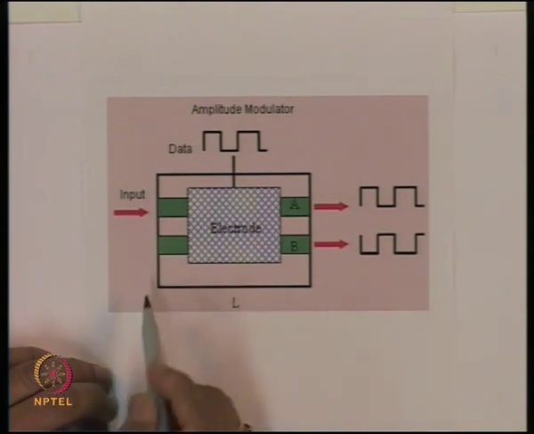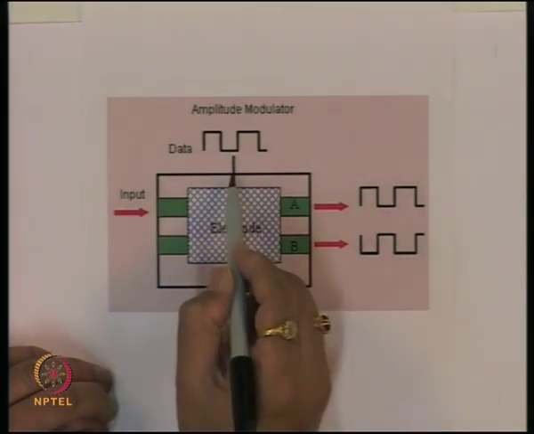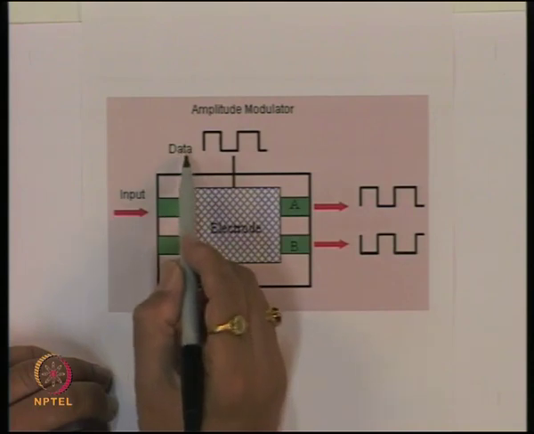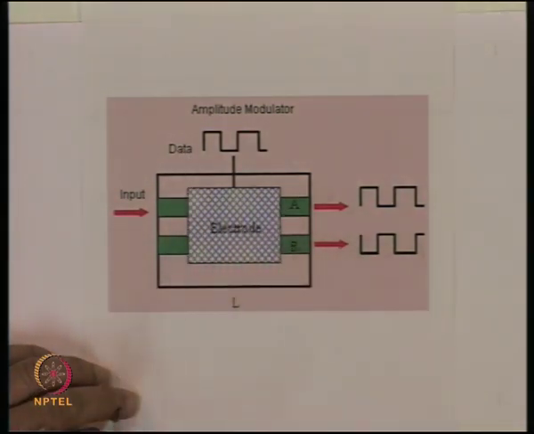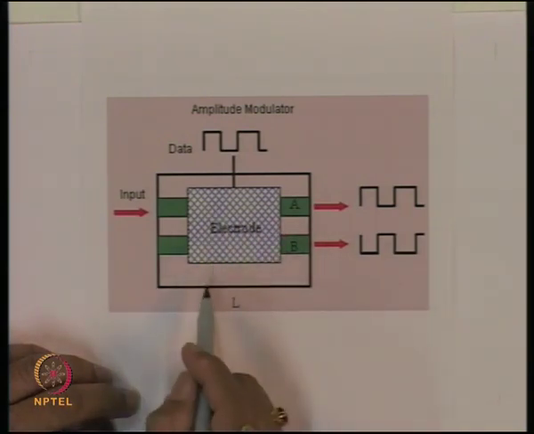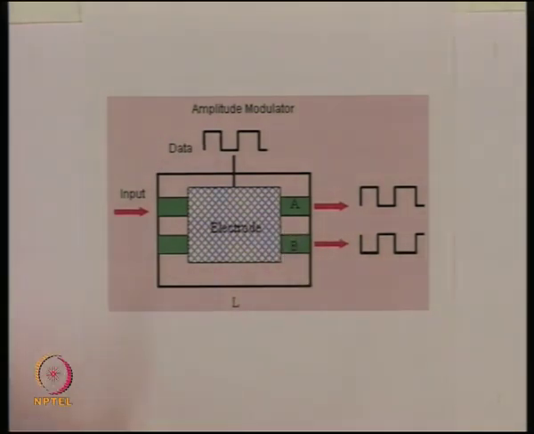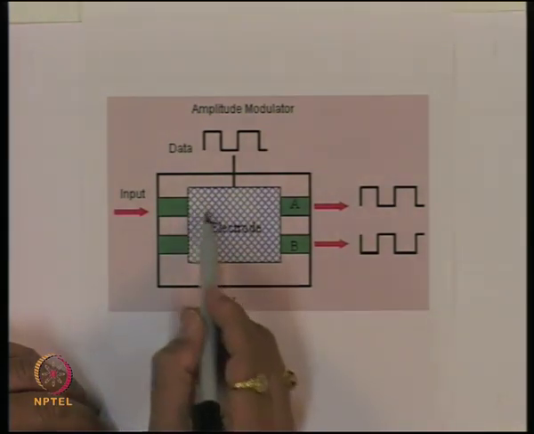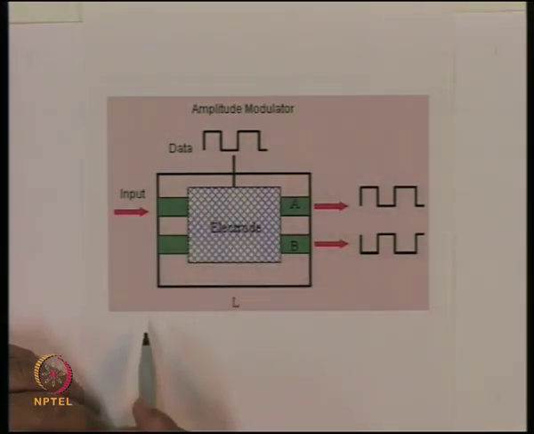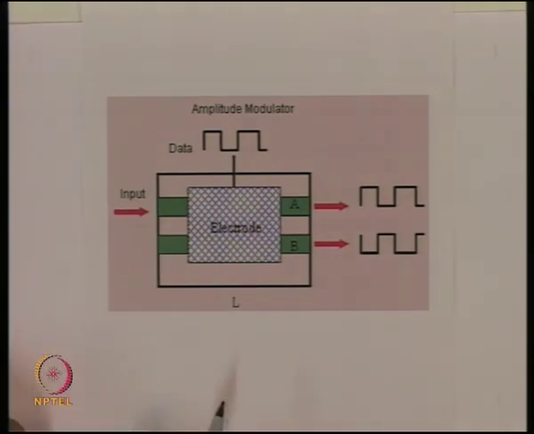This is the electro-optic material now, and let us say we apply some voltage data to the electrode, and this electrode would change the refractive index of the material, and if we choose the dimension of the waveguide in such a way that when the voltage is applied, you get the length equal to coupling length, whereas when the voltage is not applied, that is equal to 2 coupling lengths or vice versa.